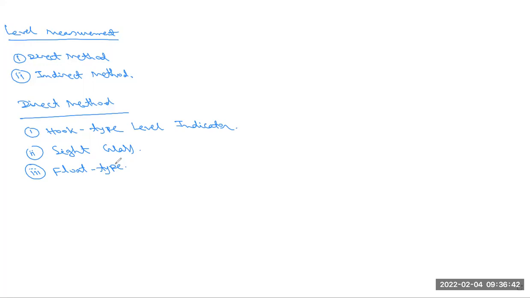So these three are basically the direct methods in level measurement.